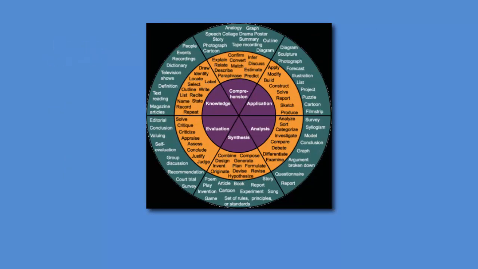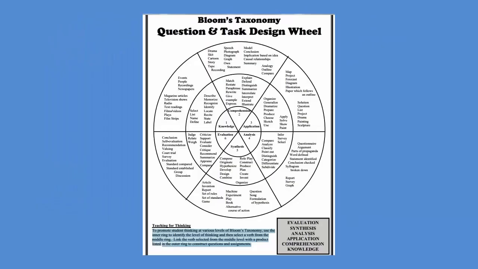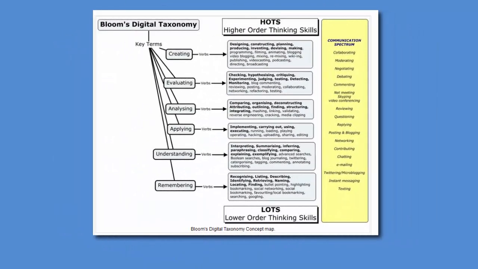Depending on when you started out teaching, you may have seen different versions of this tool. The taxonomy underwent some changes in the 90s to this version. Sometimes higher order thinking is referred to by the acronym HOT, and there are about as many visual representations of this idea as there are grains of sand on the beach.